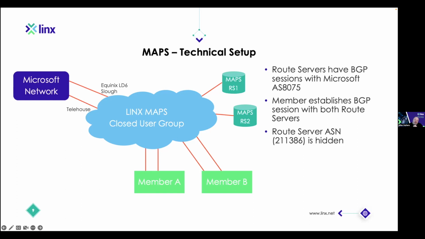But at the moment, unfortunately, it is not available in Scotland nor in Wales. It is actually today only available on LON 1. We hope to bring it to our other fabrics either next year or the following year. It depends a little bit also on demand.